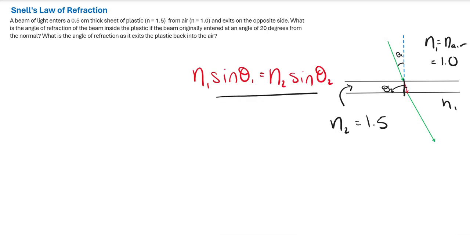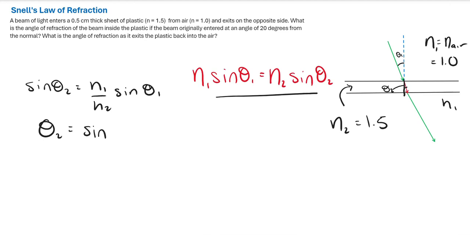We know n1, n2, and theta 1, so we just have to solve for theta 2. We divide both sides by n2 to get the sine of theta 2 equals n1 over n2 times the sine of theta 1. Then we take the inverse sine to get theta 2 by itself.